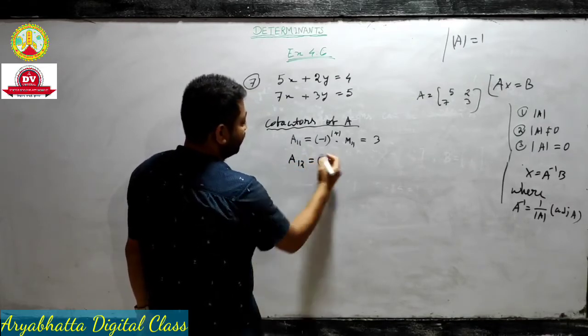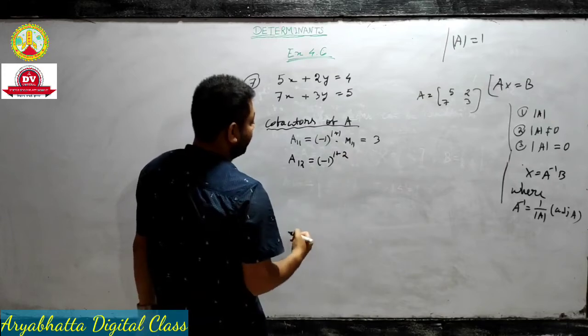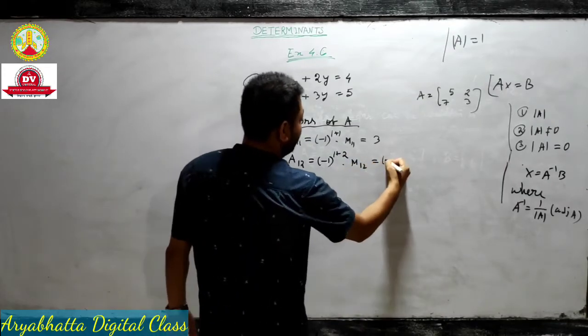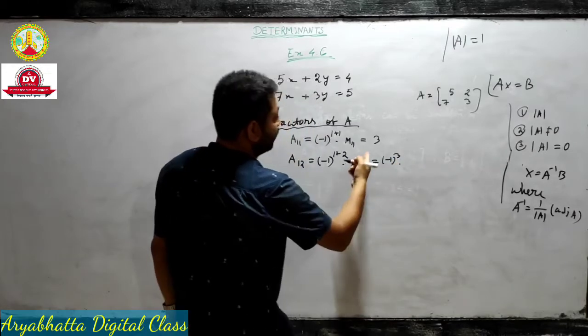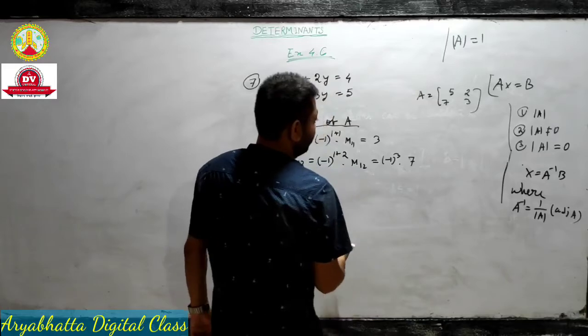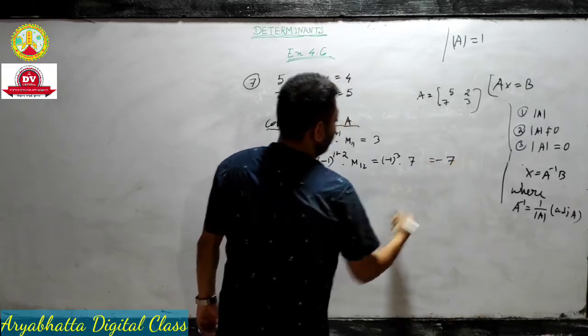A12 is equal to minus 1 whole to the power 1 plus 2 into M12, is equal to minus 1 whole to the power 3 into M12, is equal to minus 7.